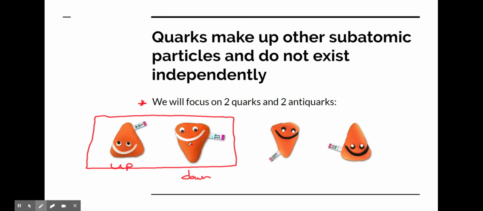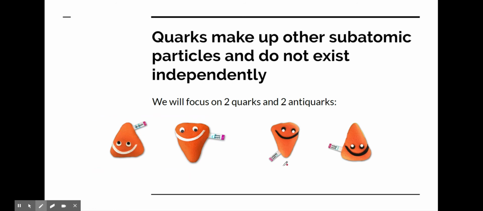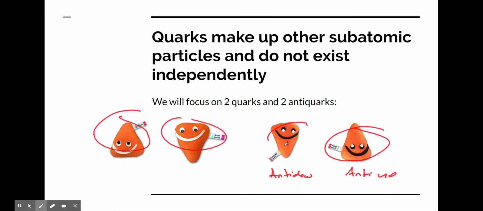And you can see what they've done here is they've said this is an up, so pointing up, this is pointing down, that's the down quark. This would be then their depiction of the anti-down quark. You can see what they've done, made the little black features rather than the white features. And this would be the anti-up quark. So we have our up quark and our anti-up quark, our down quark and our anti-down quark.